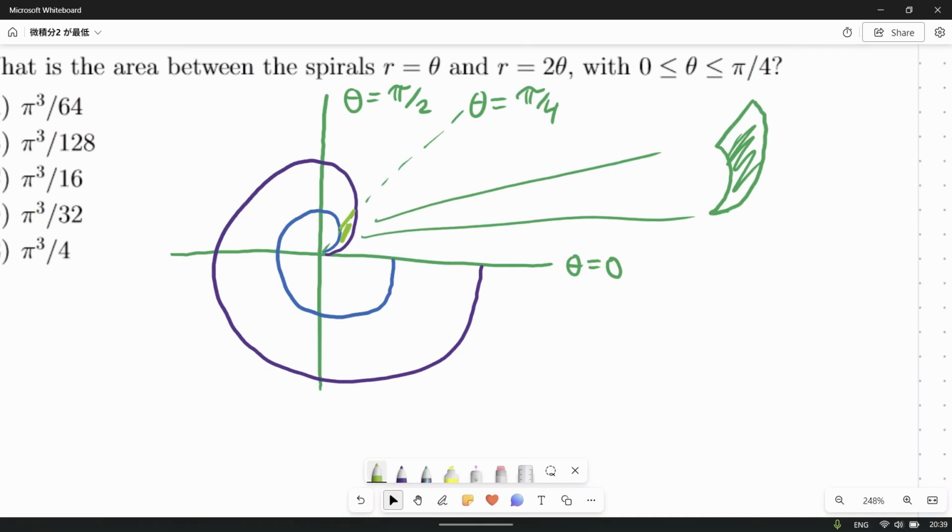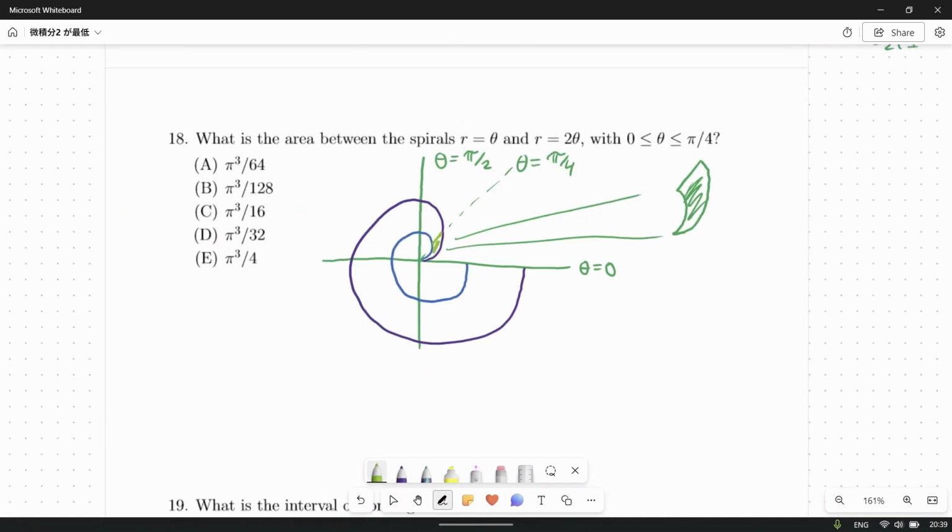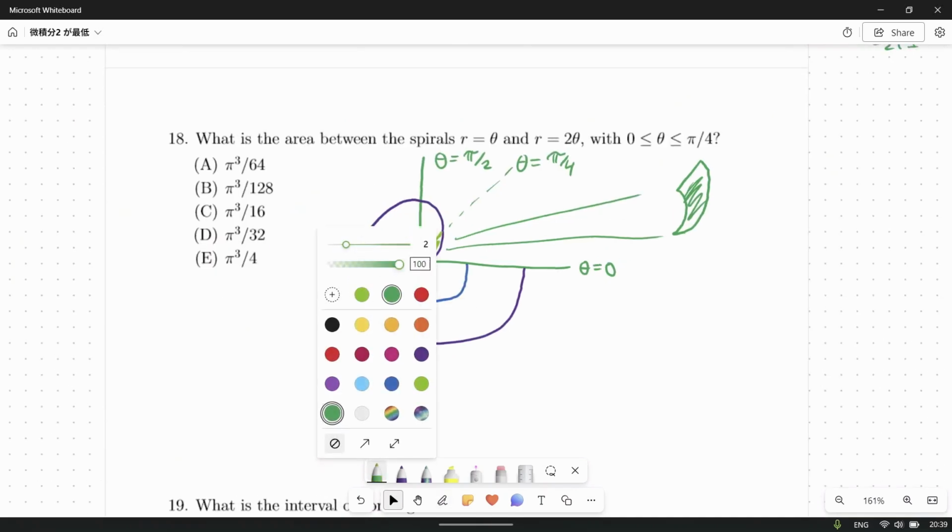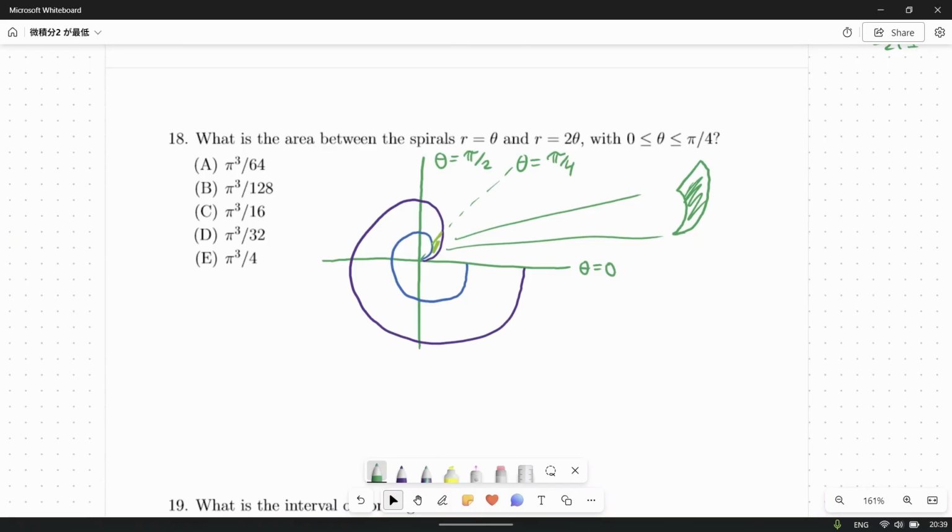From there, now we can come up with an equation to represent that. Similar to finding the area under the curve in Cartesian coordinates, where you can just take the integral from a to b of f of x and that would give you the area under the curve, in the case of polar coordinates, the process of finding the area within the circle of a polar coordinate system is a little bit different.